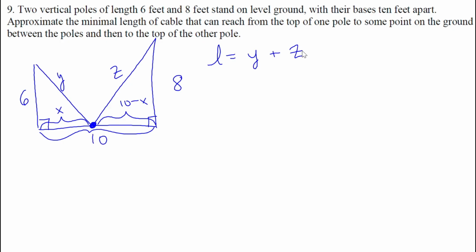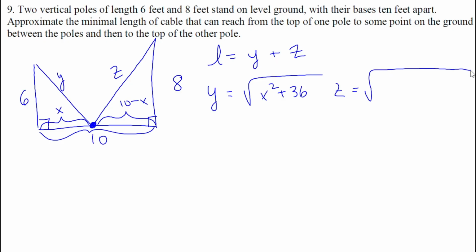Well, we should see that Y should be equal to the square root of X squared plus 6 squared, and that Z should be equal to the square root of (10 minus X) squared plus 8 squared. And so we can then, from there, we just need to add those two things together, right?